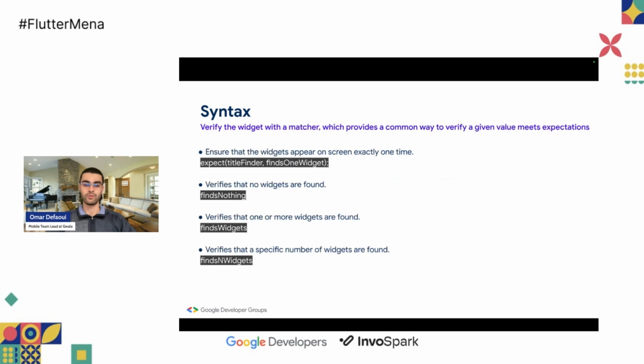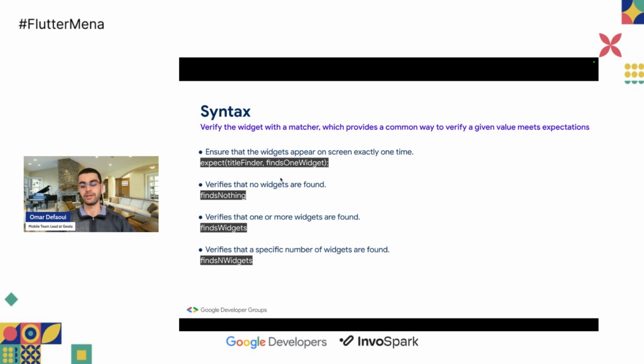So now that we use the finder and we found a widget, we need to add a very strict condition. So we use the expect function where we pass our finder, and in the second parameter we pass what we call a matcher. A matcher basically is used to verify that a given value meets our expectations.